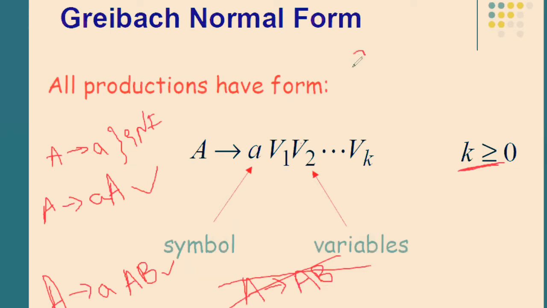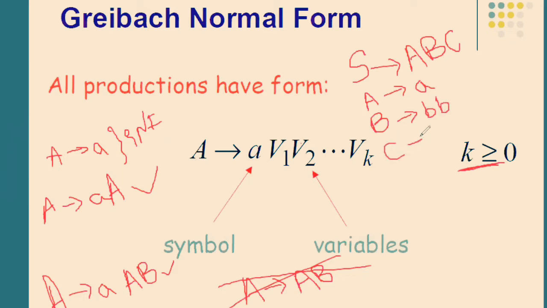For example, suppose I write S tends to capital A, B, C as the given grammar, and we have A tends to small a, B tends to B, B, and let us say C tends to AC as the productions given.